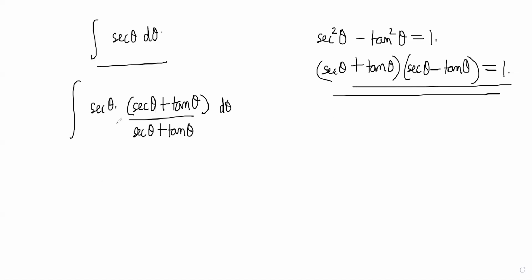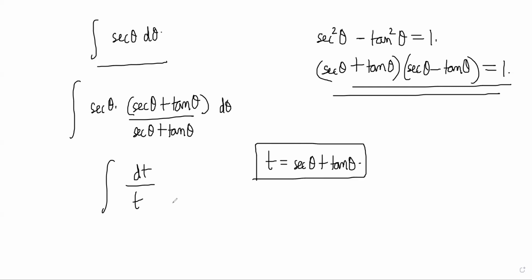I thought it would be required, but it is not. Just multiply up and down like this and see it is magically becoming dt by t, where t is equal to sec theta plus tan theta. Take the derivative of this, it will become the top part, right? Yes, sir. I understood it.